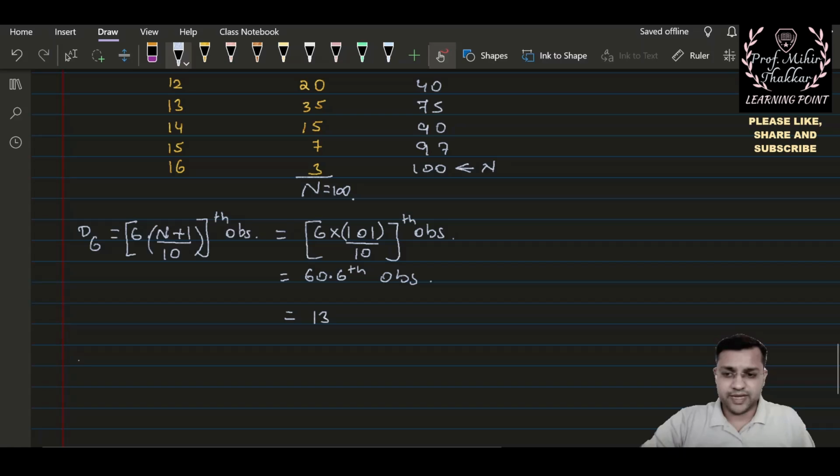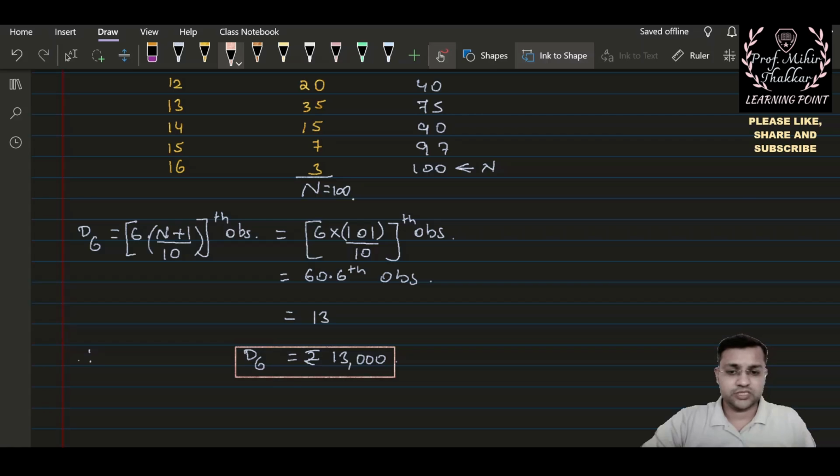So you can directly say that this is equal to 13, and you are given the information in thousands. So your value of D6 is rupees 13,000, my friends. I told you in the very beginning of the chapter, units are very important in this chapter. They play a very big role. So you have to be very careful when working on the examples of partition values.